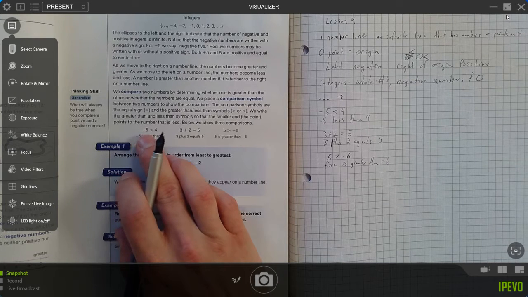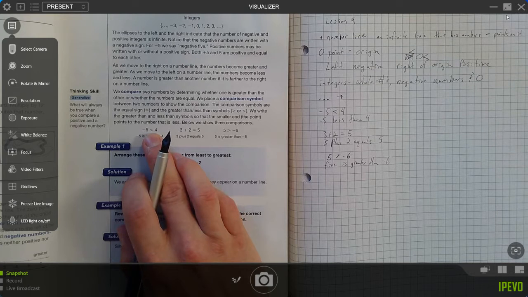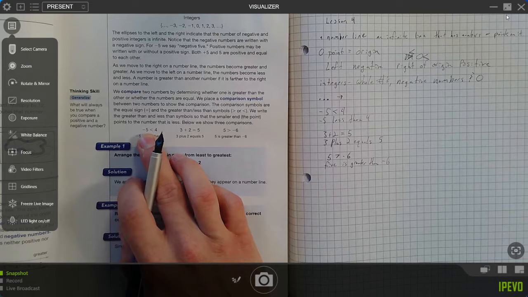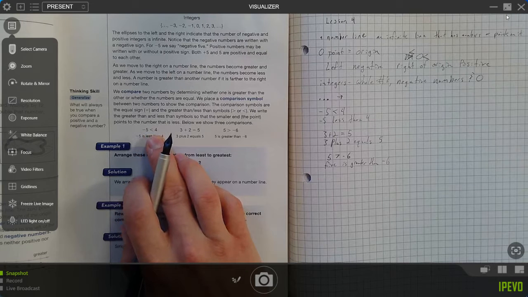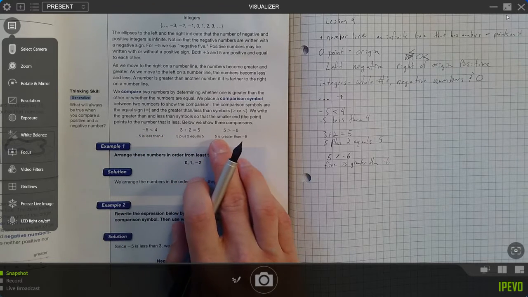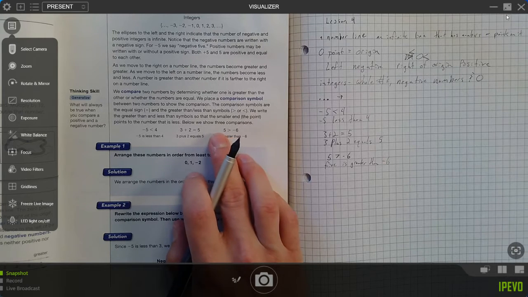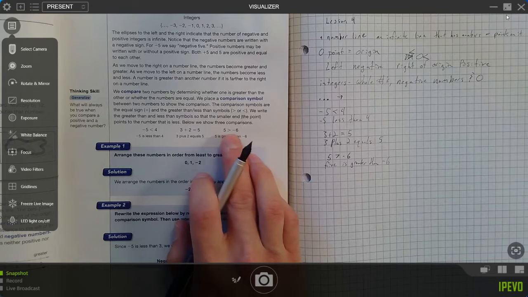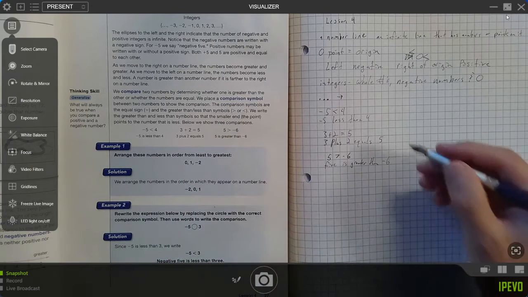So technically, -5, this symbol, and 4 also means that 4 is greater than -5. But we wouldn't say that because 4 is to the right. So instead what we would say is -5 is less than 4. Over here, 5 is greater than -6 because 5 is to the left. So that's what we're comparing -6 to.